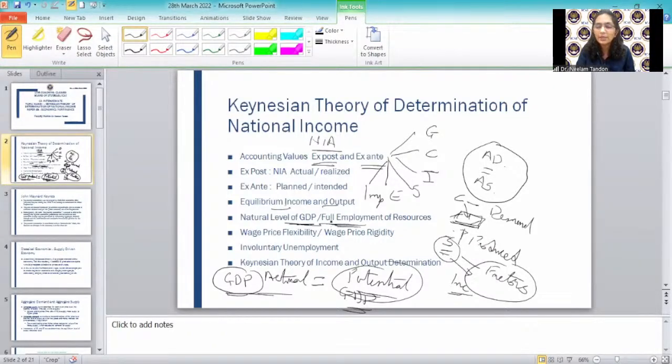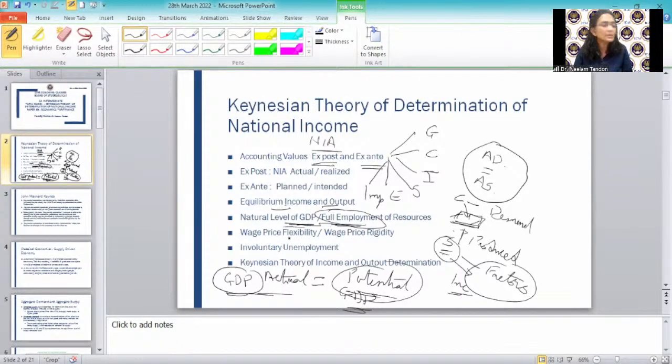Land which is there is fully utilized. Capital is fully utilized. Entrepreneurs are efficiently employed. That means there's full employment. That is known as the natural level of GDP. That means you are at the natural level where you should be ideally. Okay, this is known as full employment of resources.